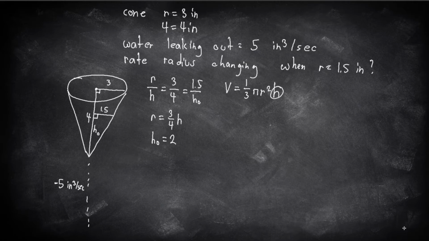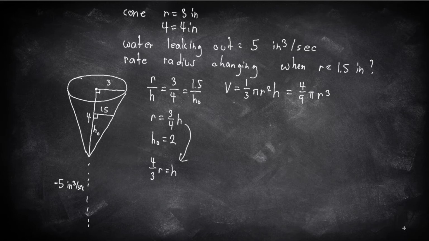Let's rewrite this equation a bit: 4/3 radius is equal to height. Substitute that into our equation. So we get 1/3 times 4/3, which is 4/9 pi, times radius squared times this radius, which makes radius cubed.